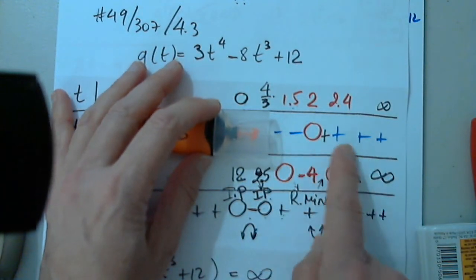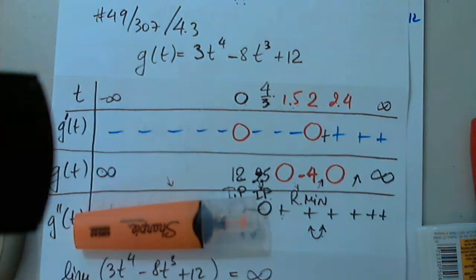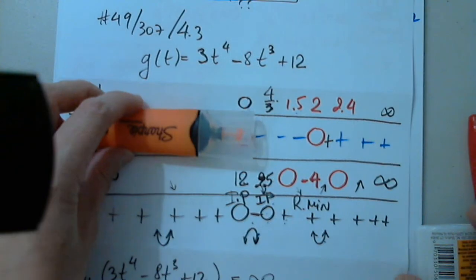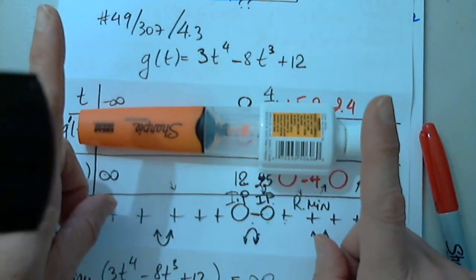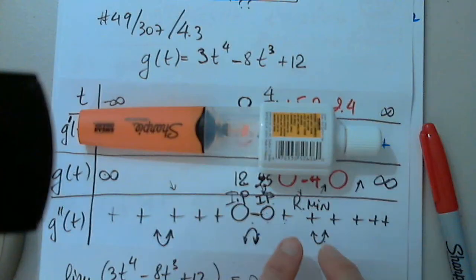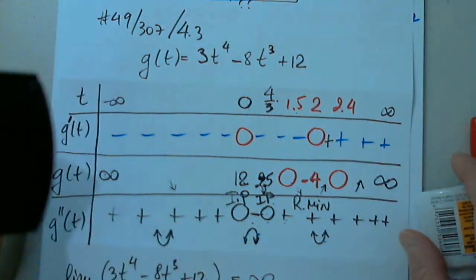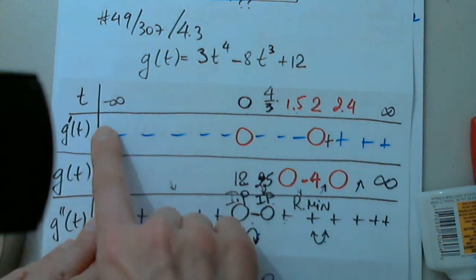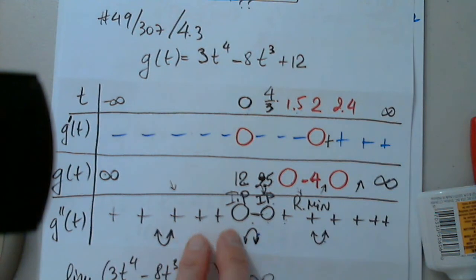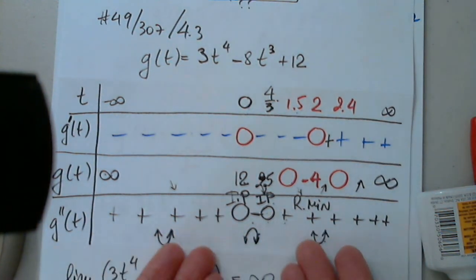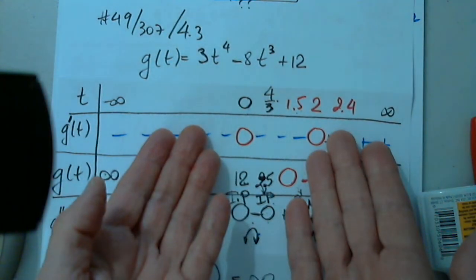So if you decide not to study the sign of the first derivative, you will be able to guess it from the second derivative test. I don't recommend it. Why? Because if you mess up the first derivative, then the second derivative will be messed up and you will make conclusions that are incorrect.